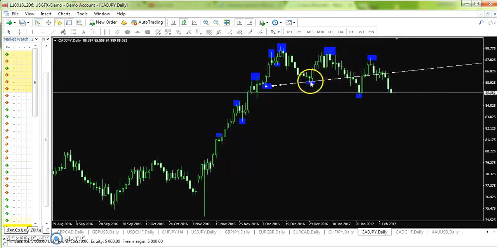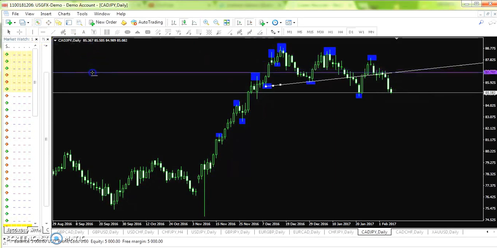This micro buying trend from here to here has come to an end, and now we are in a selling market, right? So my order would be sell on this level, at this point, the 86.61 level.